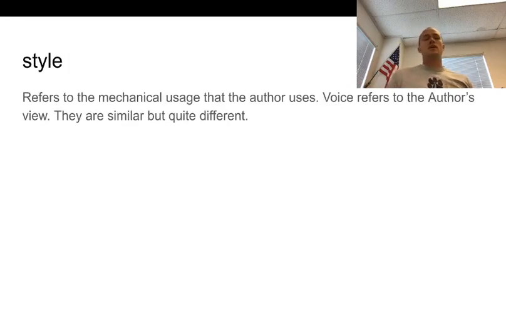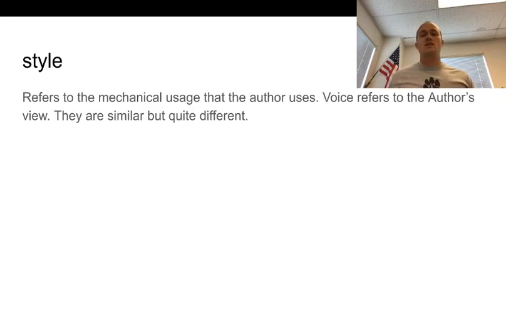Style refers to like mechanical language the author uses. So do they use passive voice? Do they use active voice? Do they use a lot of commas? Do they separate their sentences? Like, do they just use periods? I mean, do they capitalize a lot? What is their style? Because there are a lot of choices that go above and beyond regular syntax. And that's their style.